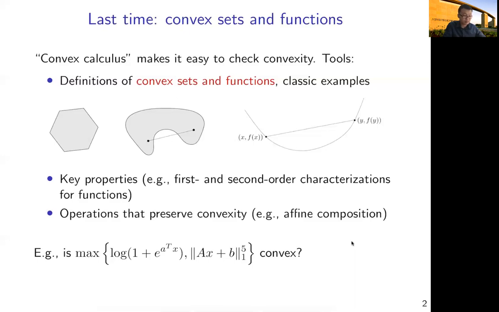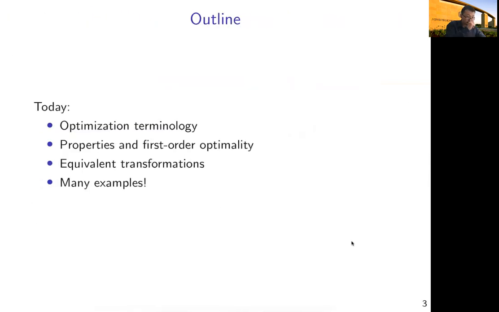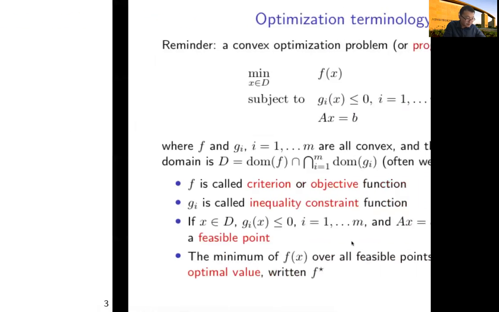Okay, so I'll leave it as a quiz, and if you have a conclusion, please post it on Piazza so other people can get the benefit of it. Okay, so I'm going to be talking about terminology, the first order optimality condition, and transformations, and I'm also going to give a lot of examples.